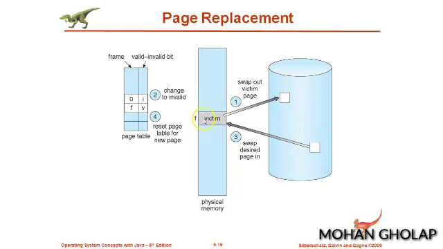After that, whenever this page is swapped out, we have to mark it as invalid, because page F is no longer present on the physical memory. After this we load page O, so that page O is swapped into the physical memory. Accordingly we update the page table entry to indicate that page O is now present, and hence O can be executed as per the requirement of the CPU.